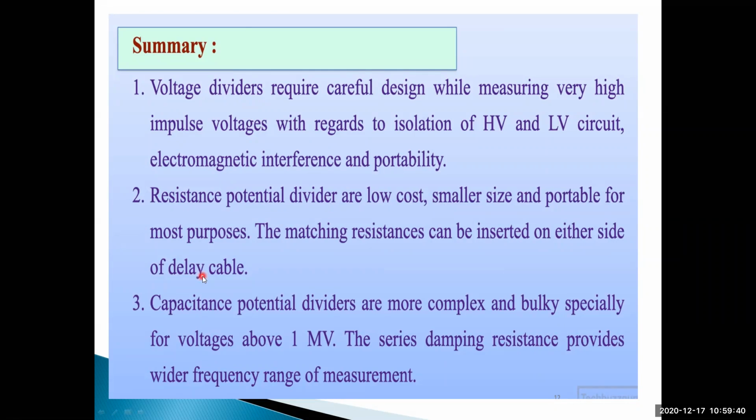I already explained. And capacitance potential dividers are more complex and bulky, especially for voltages above 1 megavolt. The series damping resistance provides a wider frequency range of measurement. So this is about measurement of impulse voltage by using resistance potential divider and capacitance potential divider.